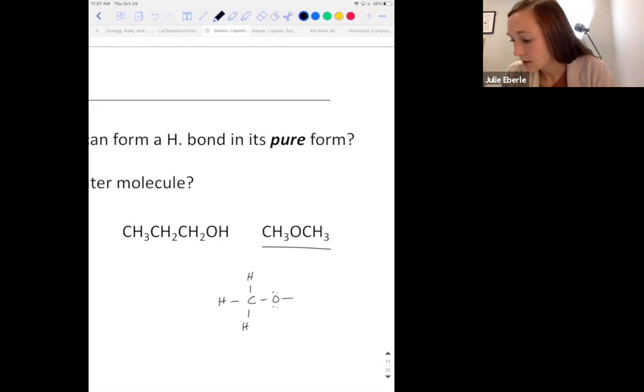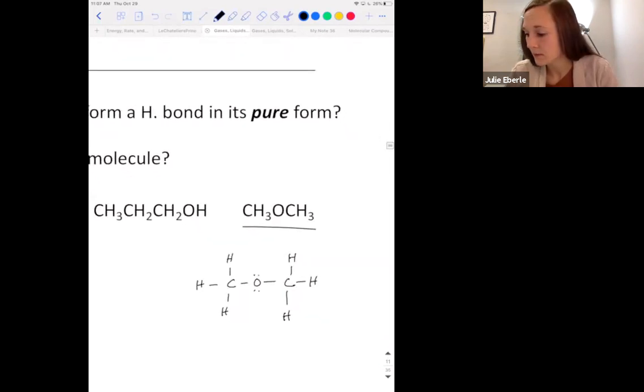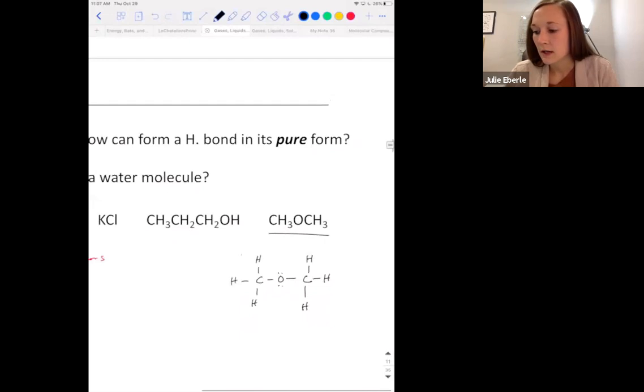That oxygen is not in parentheses, so it is part of the main chain this time. Does that look like what you drew? Something similar? Okay.